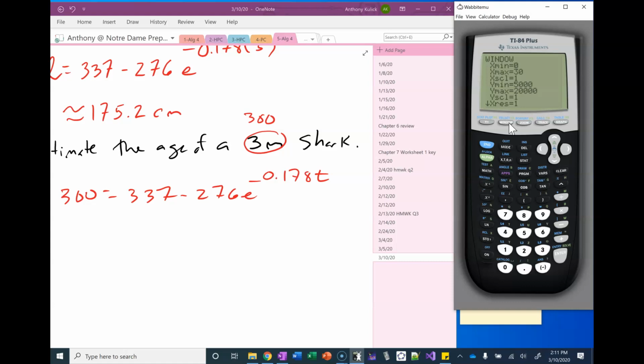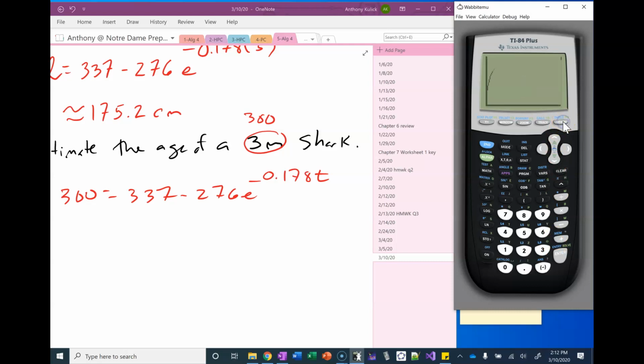Pretty old. 100, yeah. Okay, like 100 years? Sure, why not? And then my y min, so the y's are the length of the shark. What's the shortest a shark could be? 0, that's one that hasn't been born yet. And my maximum length of the shark needs to be at least how much? At least 300, right? So I'm going to pick 400 just for a round number. Sound okay there?